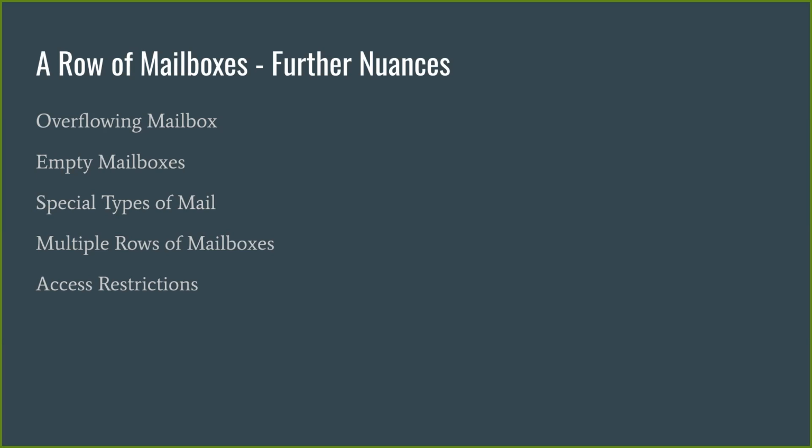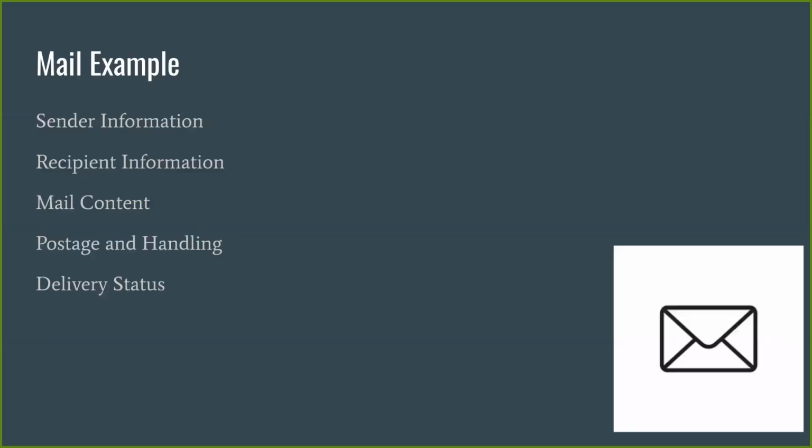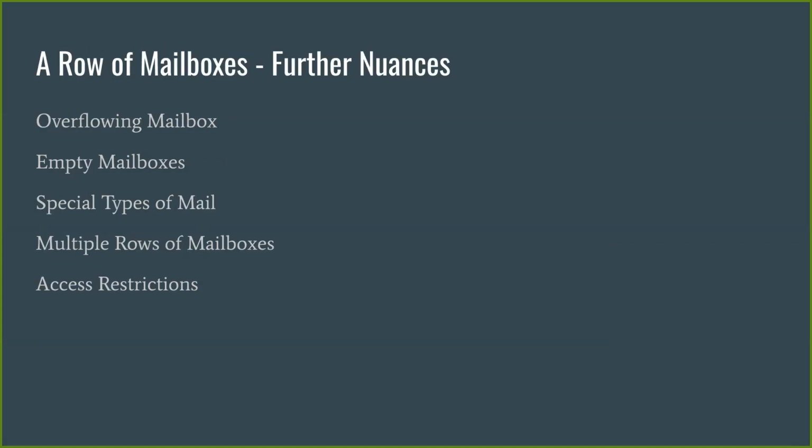You can think of that as arrays of objects or structs in programming, where each element of the array can store multiple pieces of data. And the mail example that we showed you, which contains multiple pieces of information, would be this case. We would implement this using object structs.